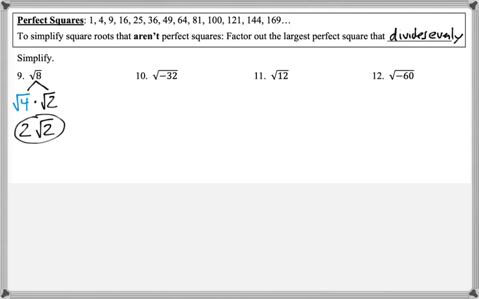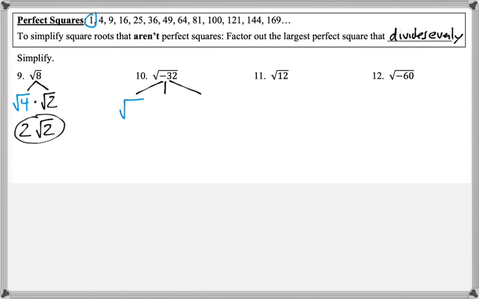Number 10 is the square root of negative 32. So I'm going to break this up into 3 radicals. The first is going to be the largest perfect square that divides into 32.